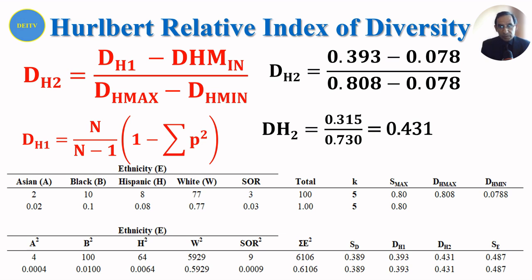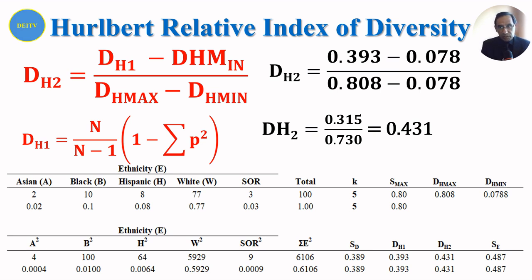For the denominator, it's going to be the maximum score, and for the Hurlbert index, that's 0.808. You're going to subtract the minimum score from the 0.808. That's going to give you 0.730. So when you divide the 0.315 by the 0.730, that gives you a relative index score of 0.431.